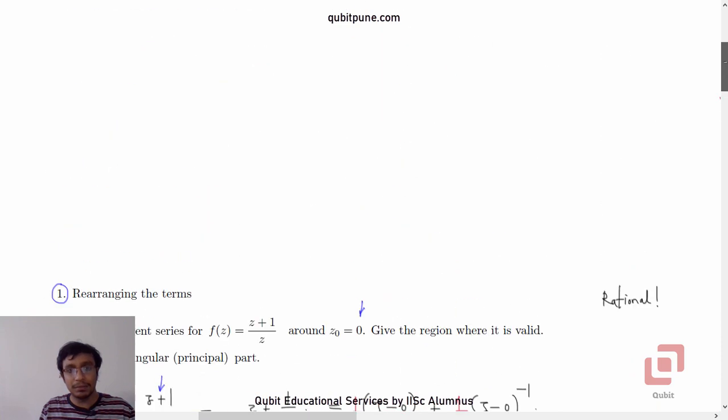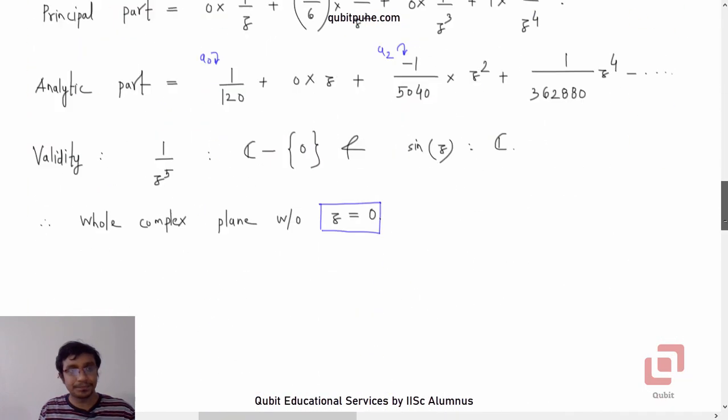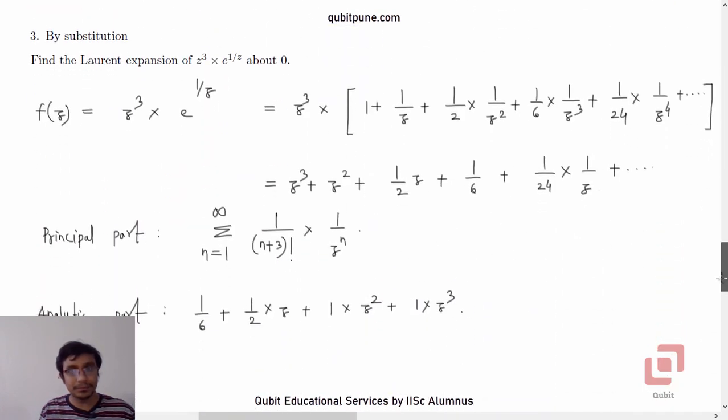Let's now go to the third one. We have now completed this. Let's now make use of the substitution, essentially a subtype of the Taylor expansion. Type 3, by substitution. Find the Laurent expansion of z to the power 3 into e to the power 1 over z about 0.